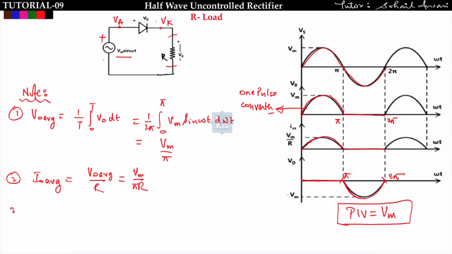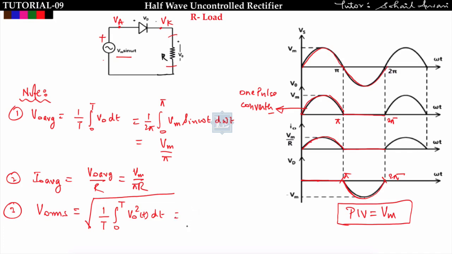Now the third point is V naught RMS. You have to find the RMS output voltage of this waveform. So RMS output voltage will be under root of 1 upon T, integral 0 to T of V naught square dt.